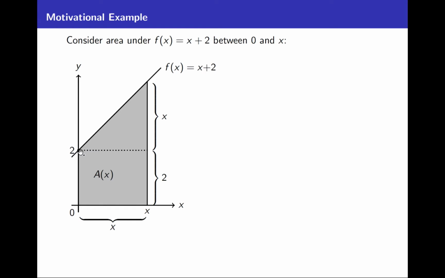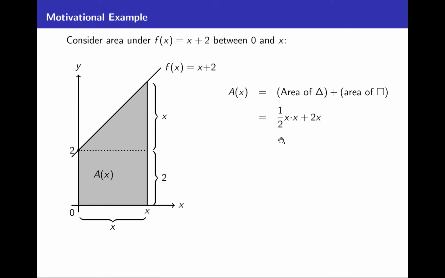Whereas if you look at the triangle, its base is x, and also its height is x, because this line has slope 1. So rise over run has to be equal to 1. So if the base is x, then the height is x. And we can get a formula for A of x here. It's the area of the triangle plus the area of the rectangle.